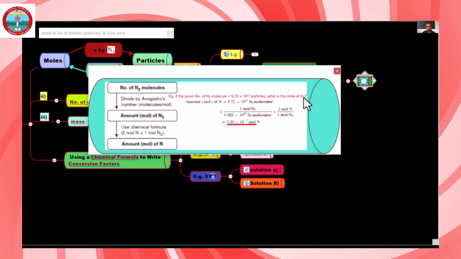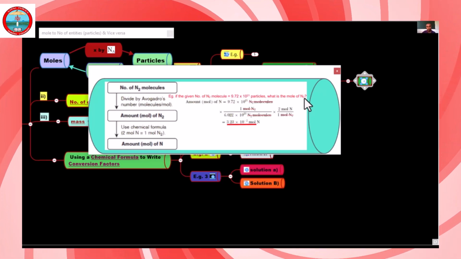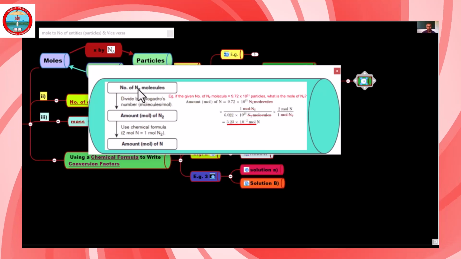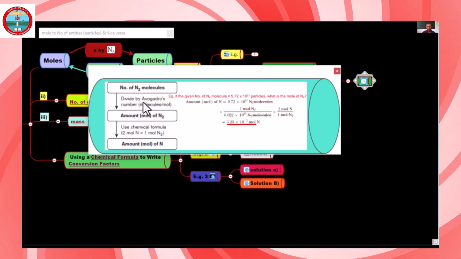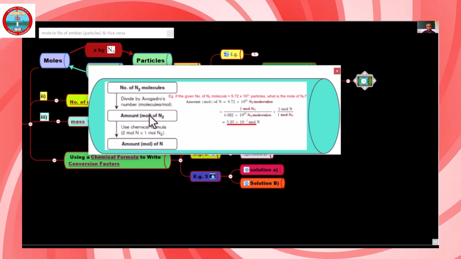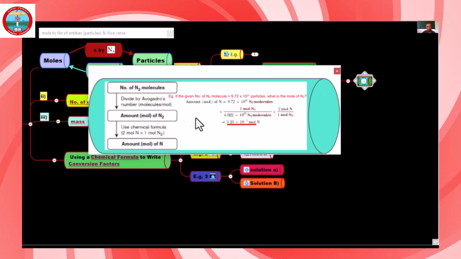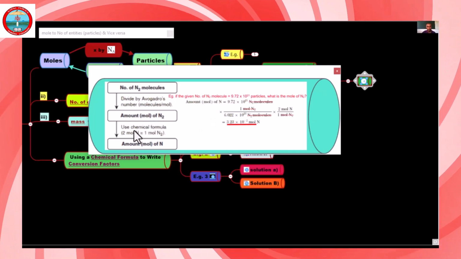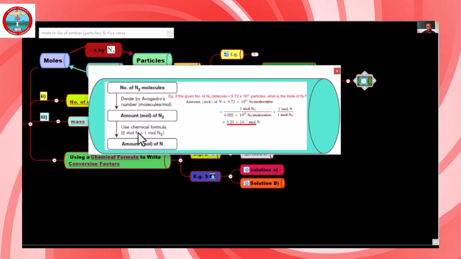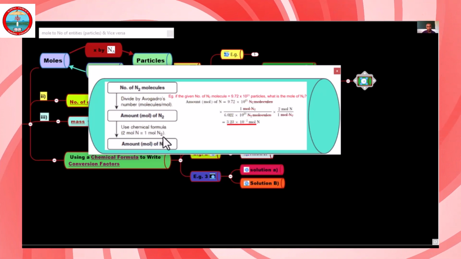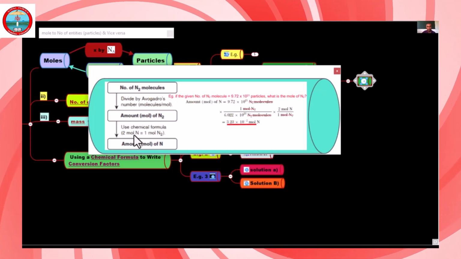This is the correction, N2 to N. So first, we have the given number of nitrogen molecules, and we divide this by the Avogadro number in order to obtain the mole of nitrogen. Then again multiply the mole of nitrogen by its chemical formula, that is, in 1 mole of nitrogen molecule we have 2 mole of nitrogen atom.